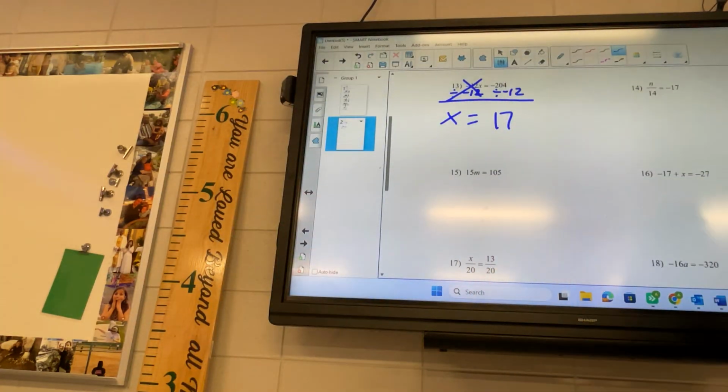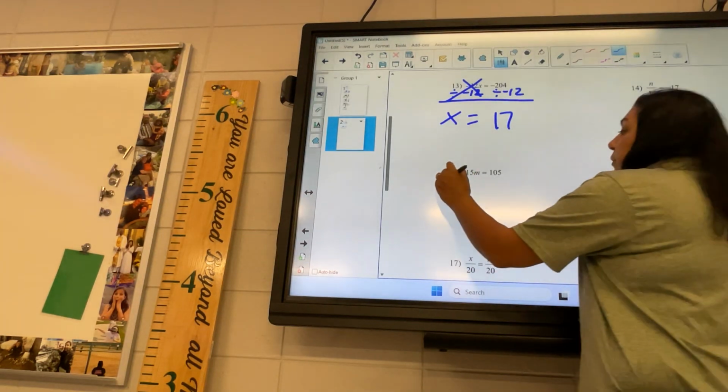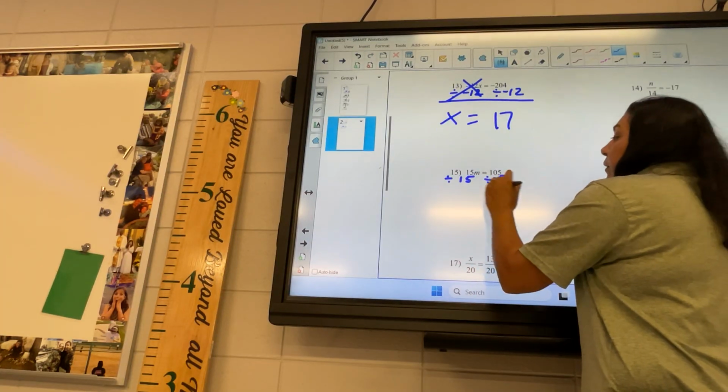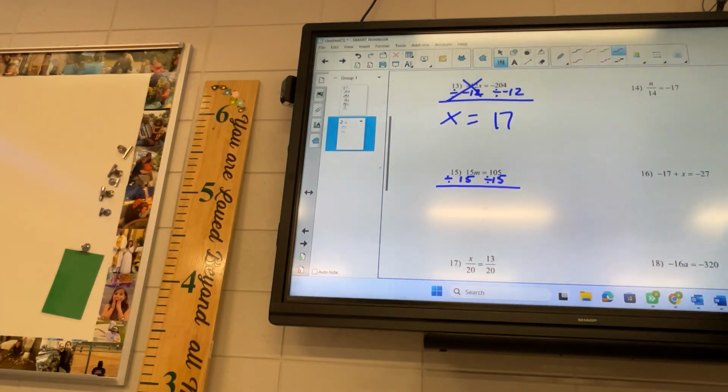Okay, 15. What does 15m really mean? Multiplication, so we need to do what? Divide both sides. We're going to divide by 15. What happens on the left side with the 15s?